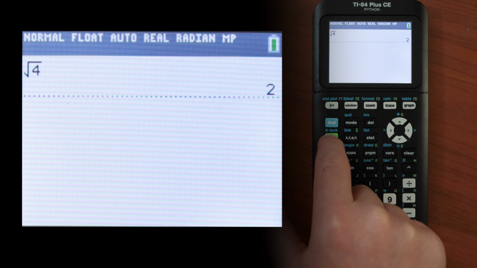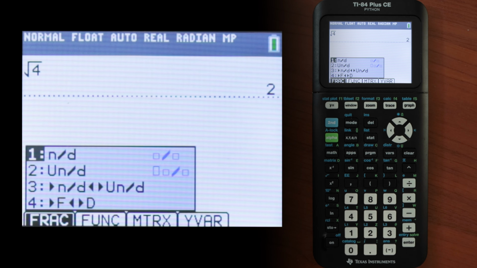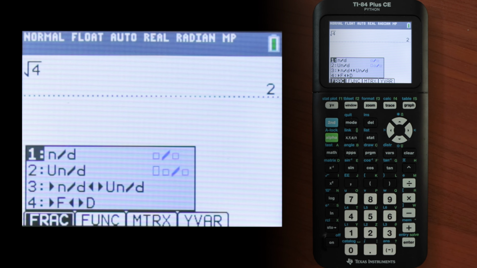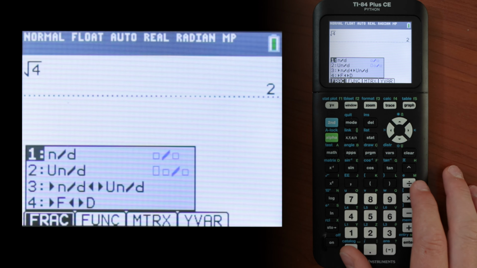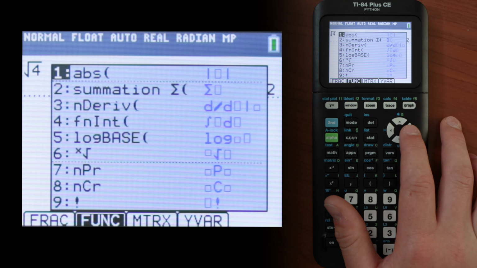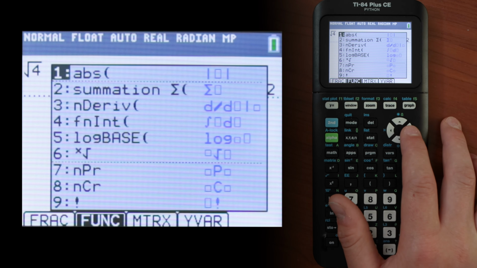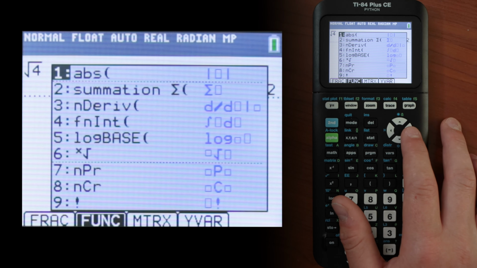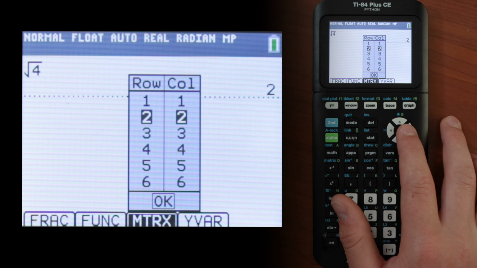You will often click alpha and then F1, and this will give you some fraction expressions. Then you can navigate to the right. Then you can apply something like absolute value, a sum, a derivative, a finite integral, etc., or a definite integral, I mean. You can navigate over.